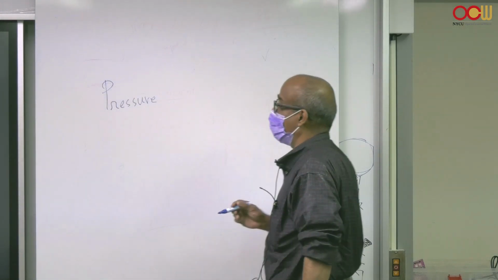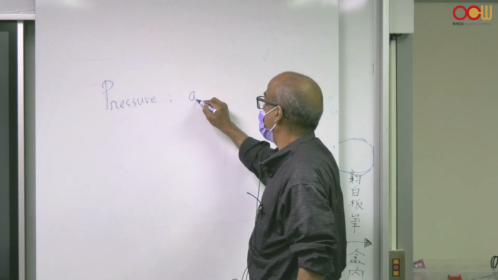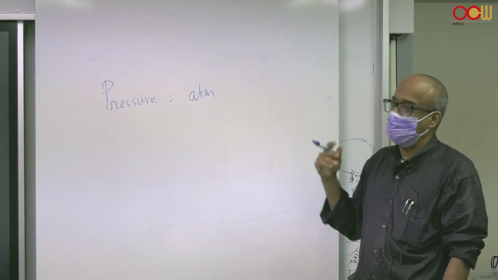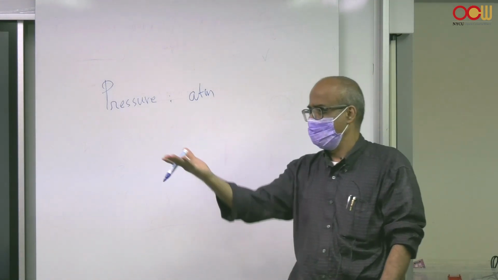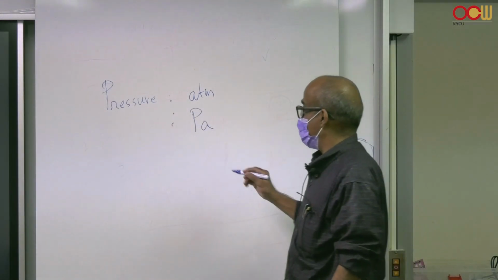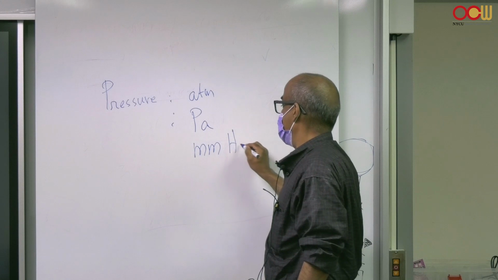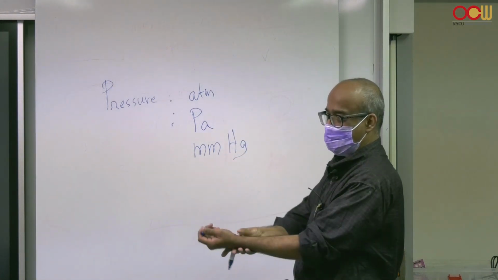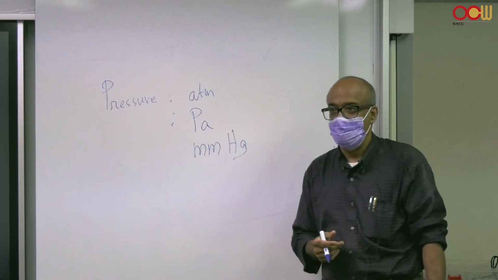Atmosphere, ATM, okay. So here is the first answer, ATM. Yeah, of course, 1 atmosphere, 2 atmosphere, 3 atmosphere, but that's a very high number. Any idea? PA, Pascal. Millimeter of mercury. This is probably the most simple one. You measure your blood pressure in millimeters of mercury.